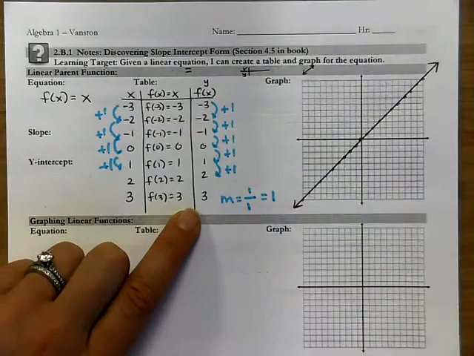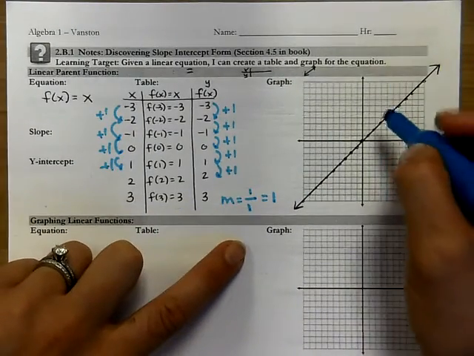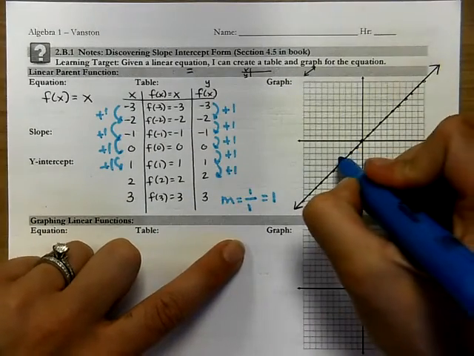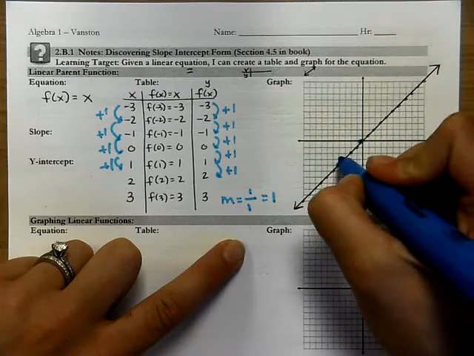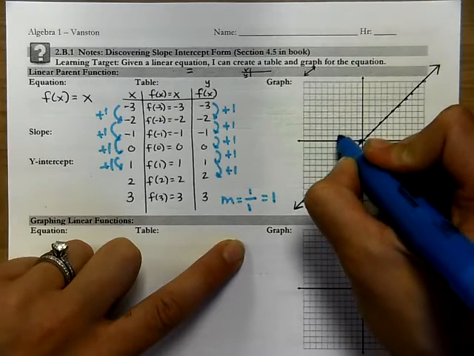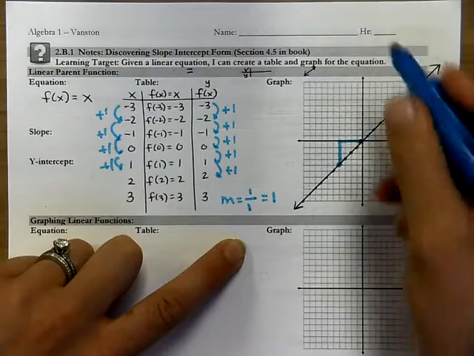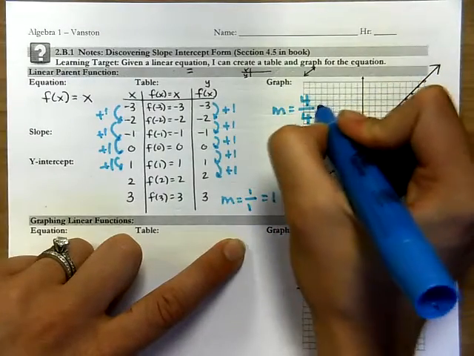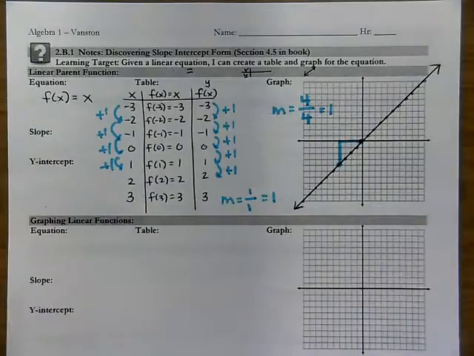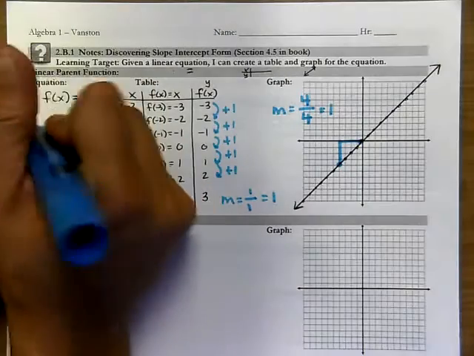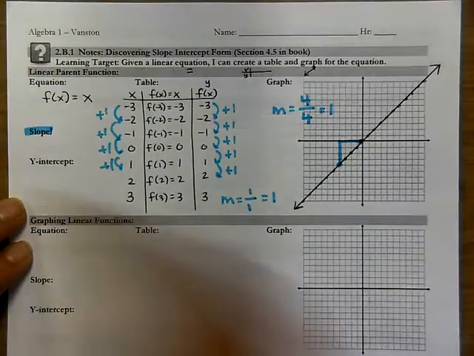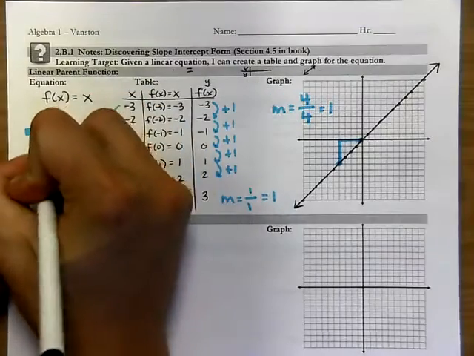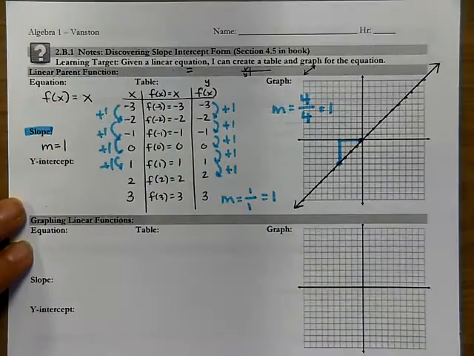So 1 over 1 is equal to 1. Or I can go from my graph. Let's choose this point and this point. I rise 1, 2, 3, 4. I run 4, so I could think of my slope as rising 4 and running 4, but that still simplifies to 1. So my slope over here, I'm going to highlight in blue because I did that in blue, my slope is equal to 1.